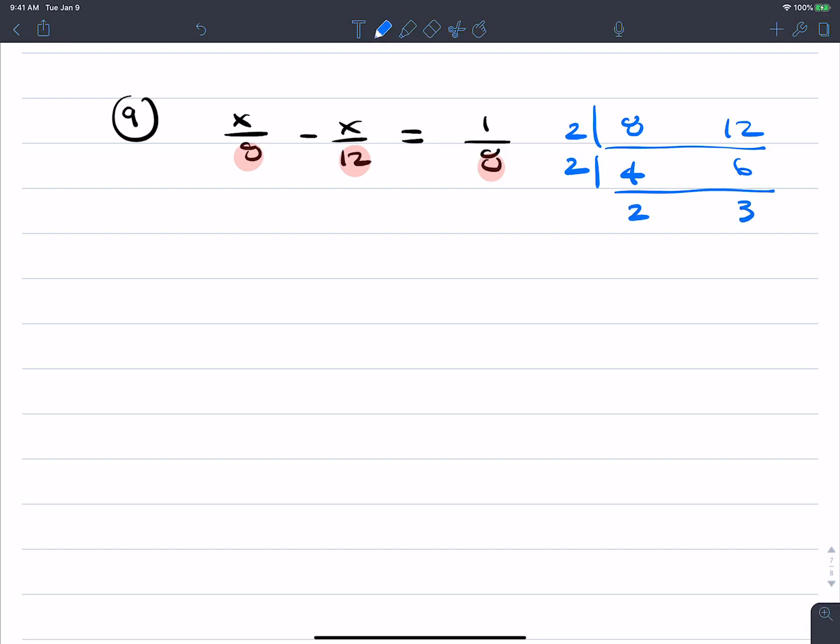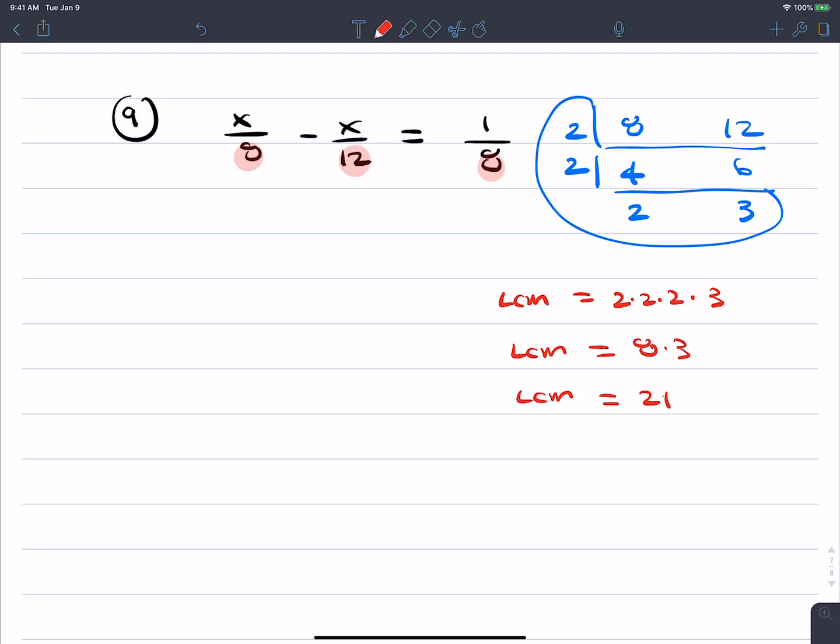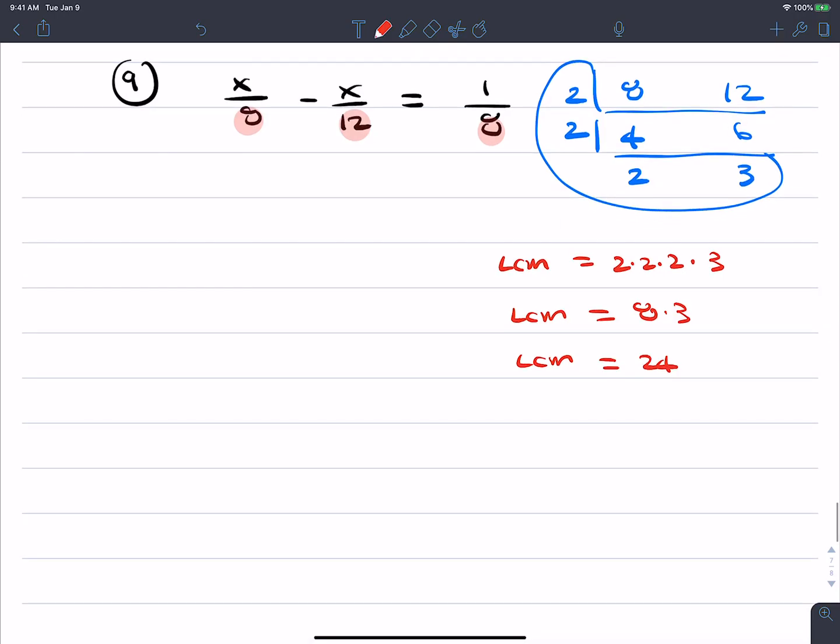Can you give me a prime that goes into both of these numbers? No. So what's your LCM? LCM will be 2 times 2 times 2 times 3, or 8 times 3. What is the LCM going to be now? 24.